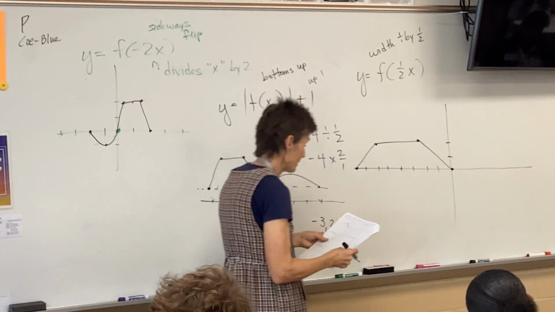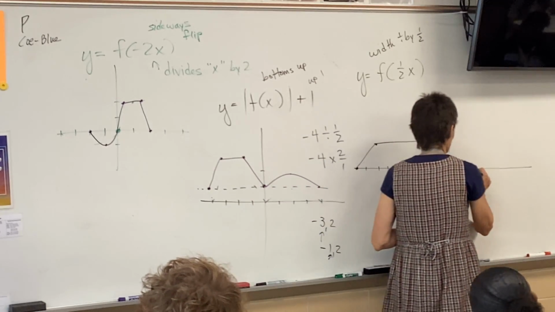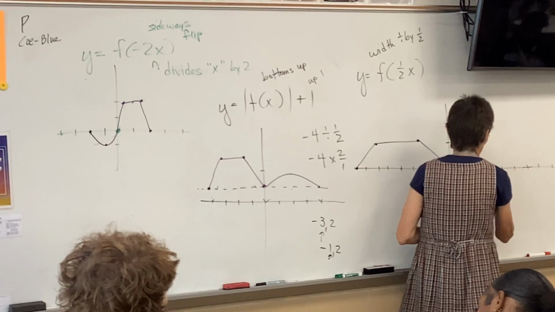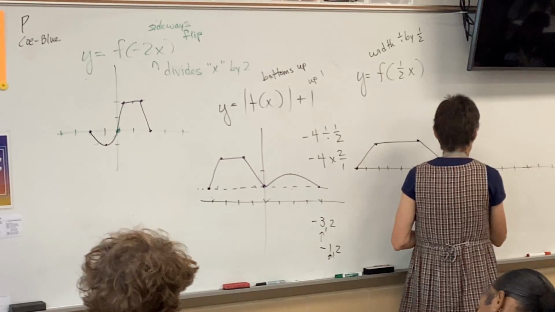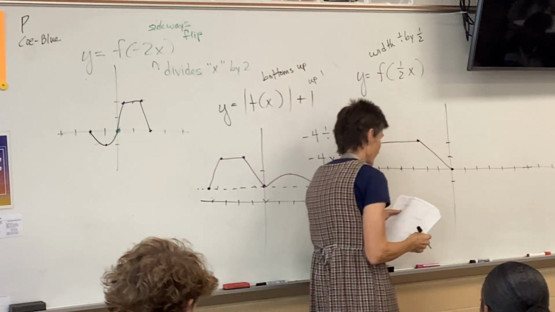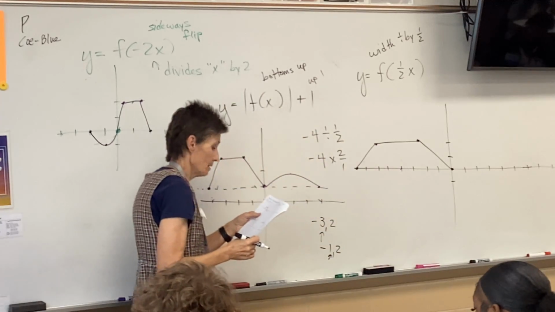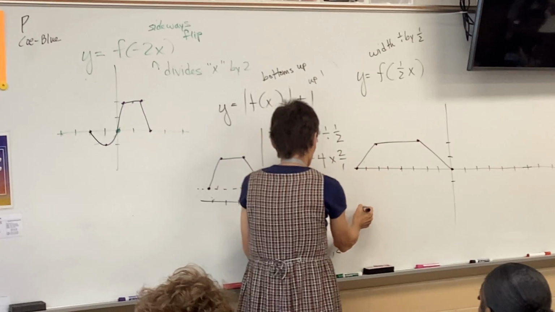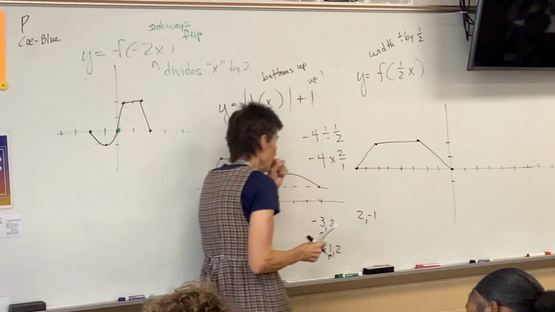Now, would you agree that the same thing is going to happen to your circle? The point at the bottom of the circle is at 2, -1.